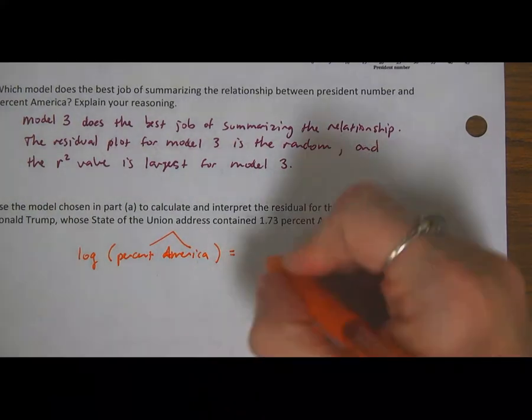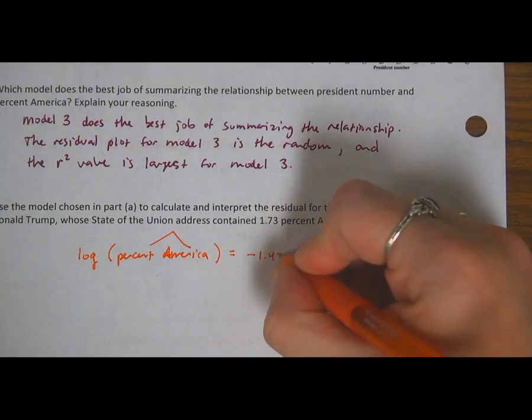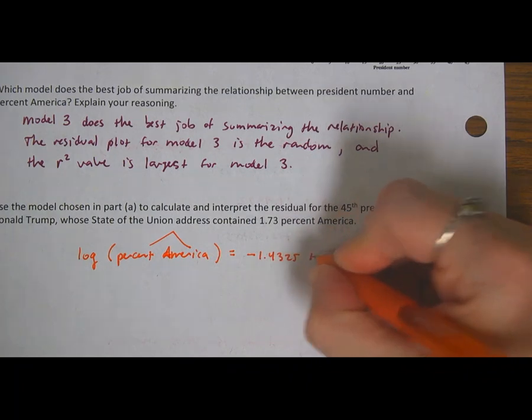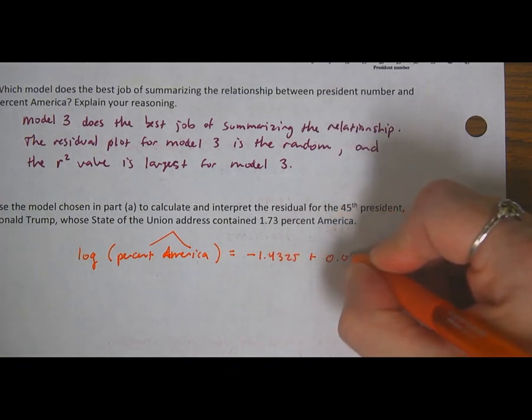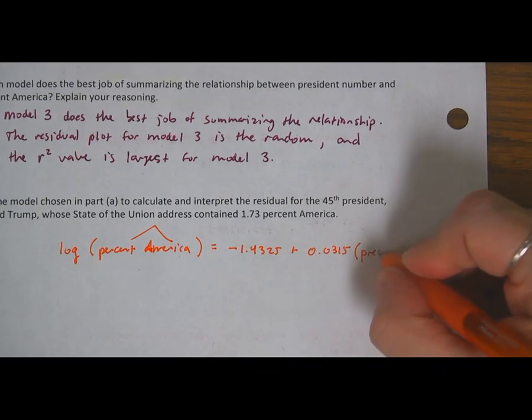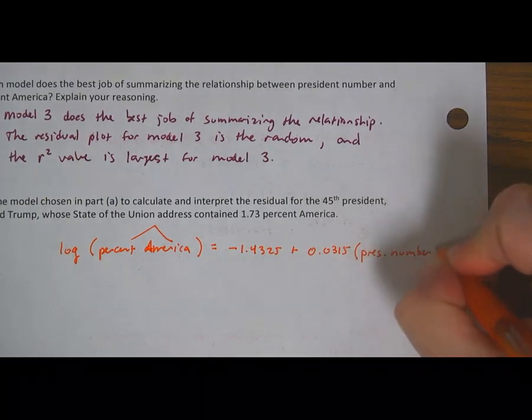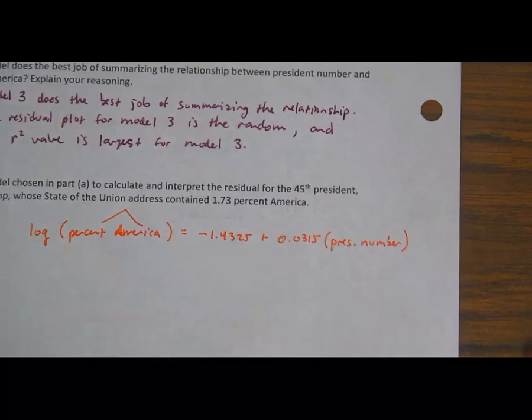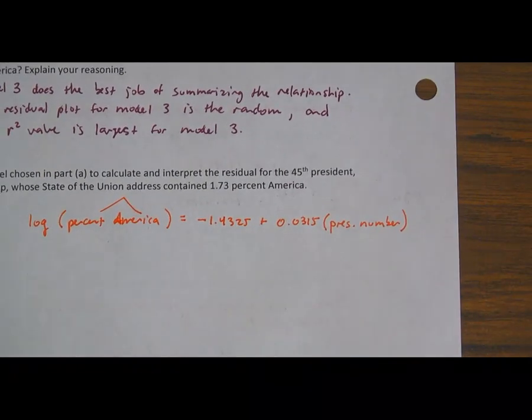On Model 3, the y-intercept is negative 1.4325. The slope is 0.0315 times the president number. It wants us to calculate and interpret the residual.